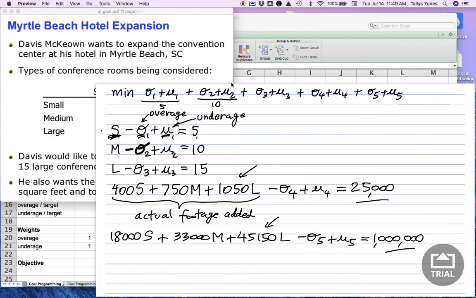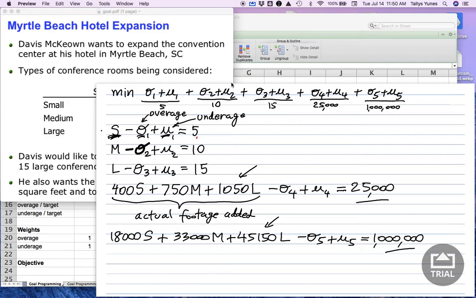So I divide each OU by the corresponding target. That transforms this objective into a percentage deviation instead of an absolute deviation from target number. So this both deals with the problem of the units and the problem of the different magnitudes of the target. So this is a much nicer thing to look at.